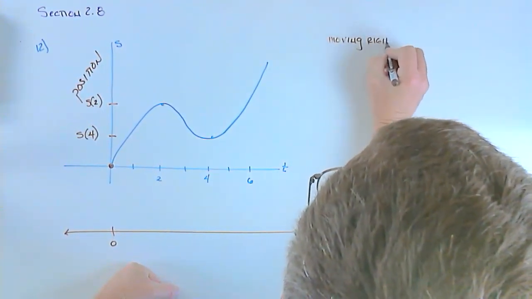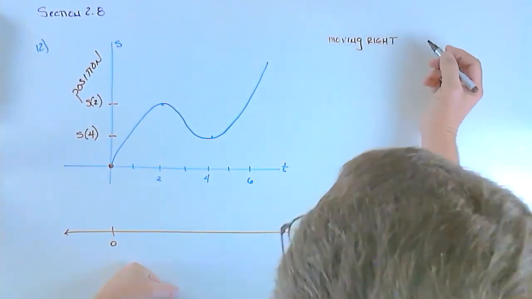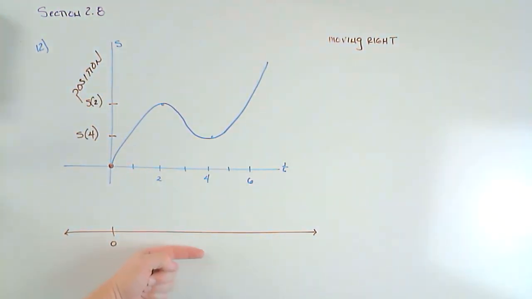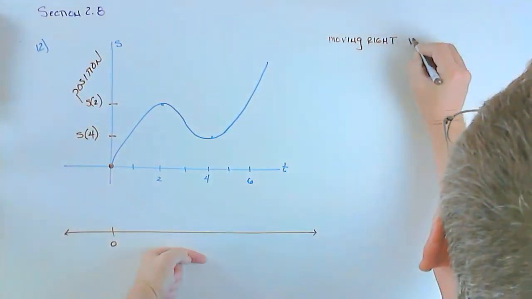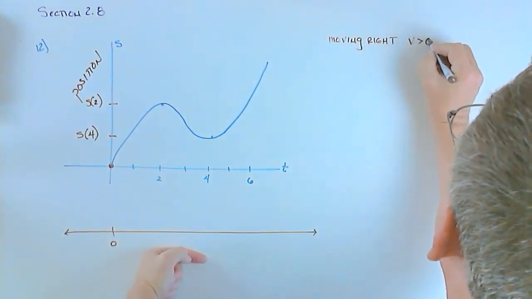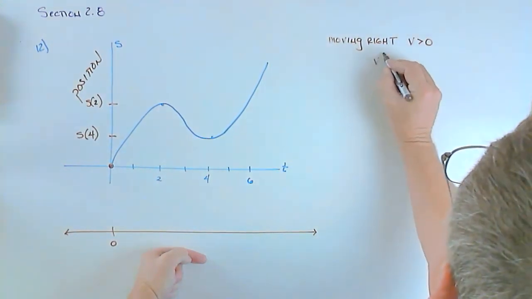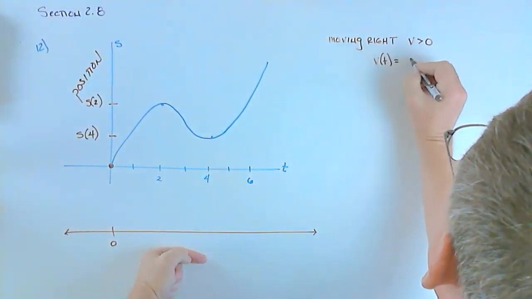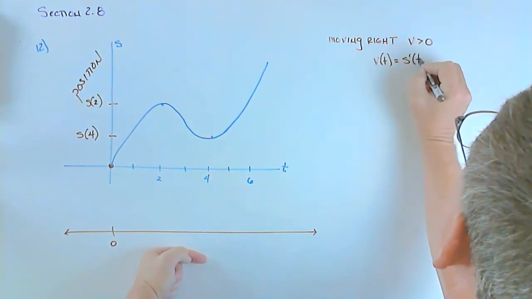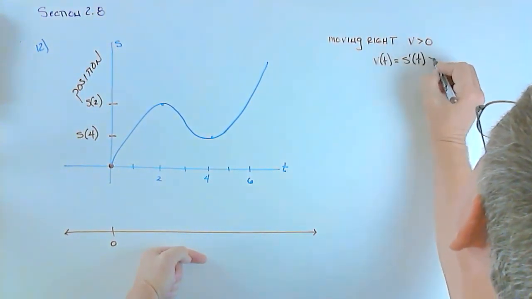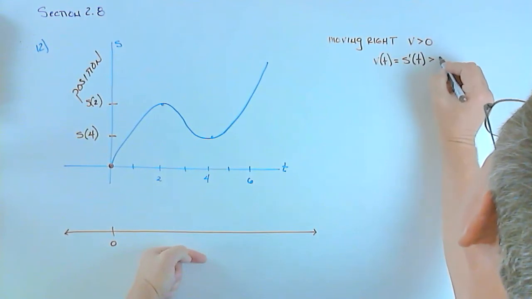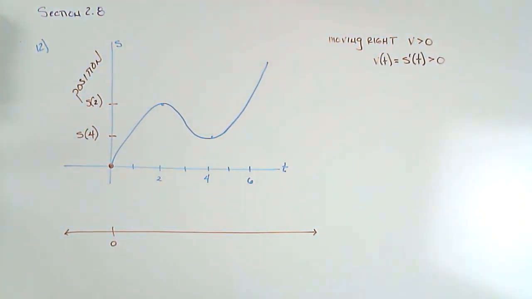If our particle is moving to the right, that means velocity is greater than 0. But we know velocity is the derivative of position. So the derivative of position is greater than 0 when we're moving to the right.